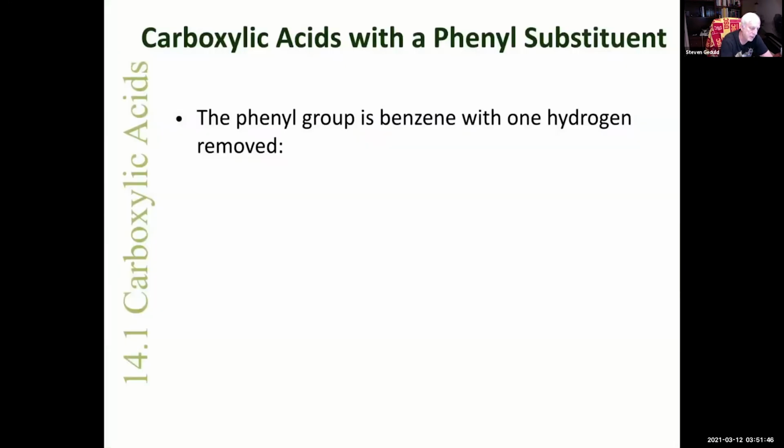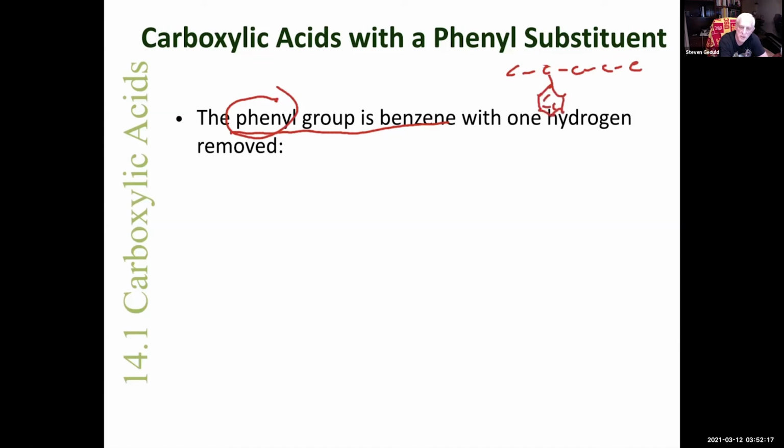Okay. Phenyl group is benzene with 1 hydrogen removed. Remember, when benzene's attached, okay, if it's attached to an OH, it's a phenol. If it's attached as a substituent to something else, it's phenyl. So when benzene's attached as a substituent group, like this is your carbon chain, if you have a benzene ring attached as a substituent and not part of your main group, then it's called a phenyl group.